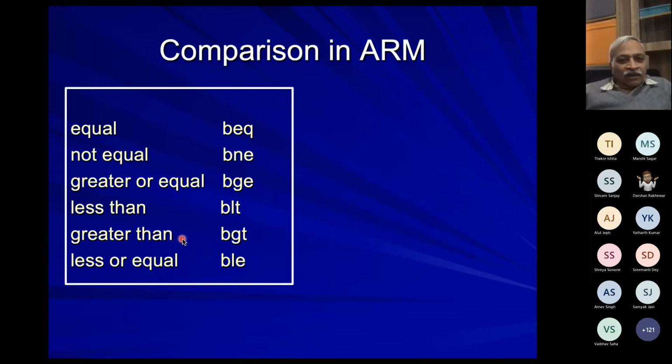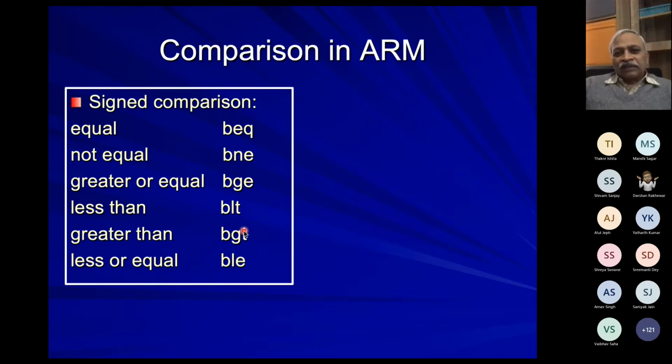Now let's look at comparison and elaborate a little bit further. After comparison, you can use branch with different types of conditions specified: BEQ, BNE, BGE, and so on. All the 6 possibilities are indicated here. This is if the comparison was done of signed numbers.